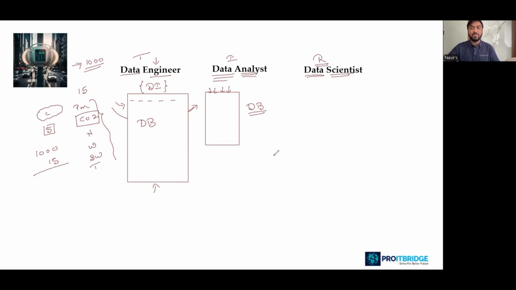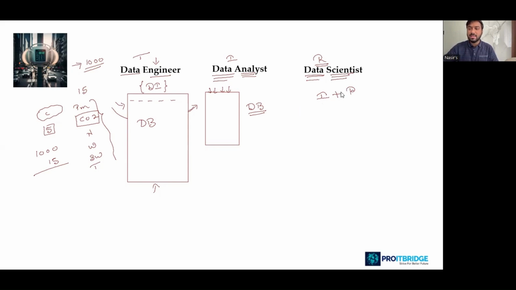So maybe after 2 days at this particular time, there is a chance of increase in CO2 level in our air. Who is going to do that prediction part? That is done by a data scientist. So they are going to give insights, and the main important extra point, they are going to give predictions. Okay, Nasir, but how is a data scientist giving a prediction here?